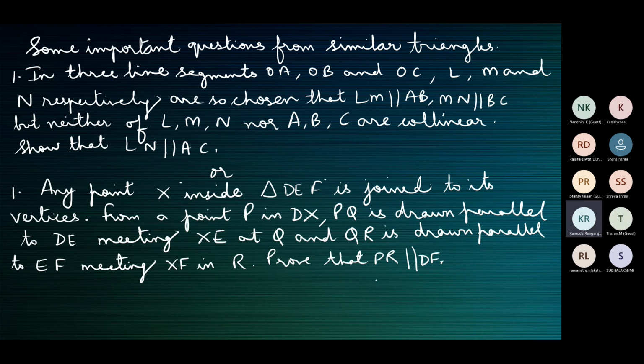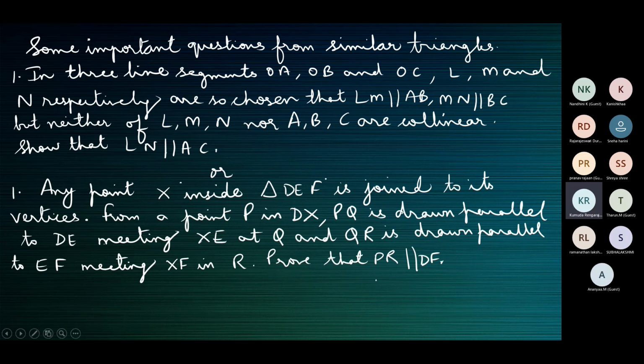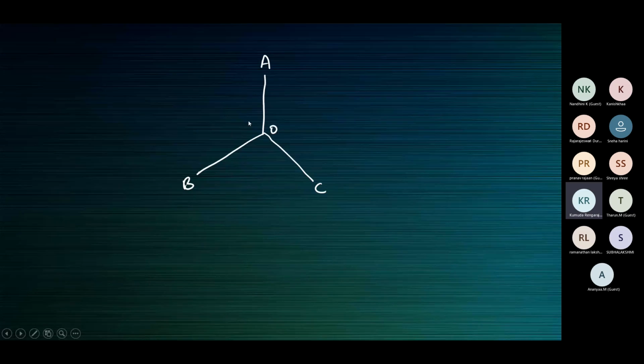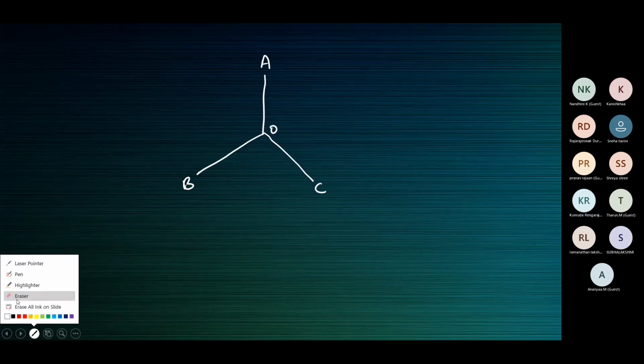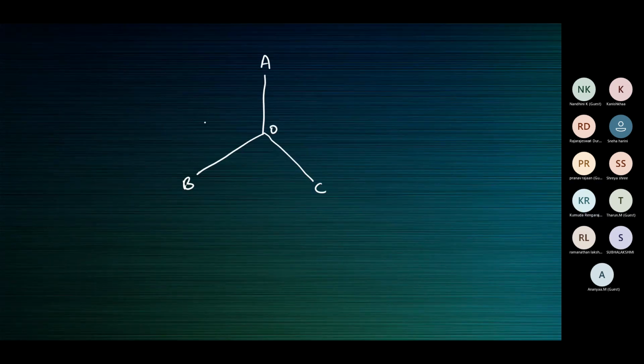So L is chosen on OA, M on OB, and N on OC. This is the line segment OA.